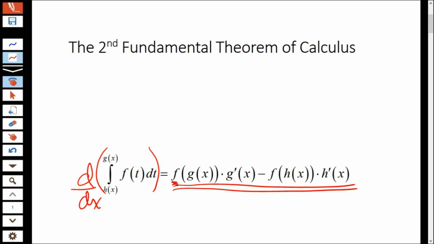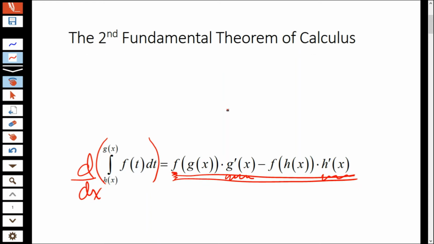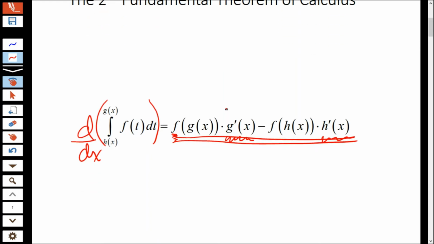This is not f prime or capital F. Integrating is the antiderivative, and then you take the derivative, and you get back to the same thing, right? Antiderivative and then derivative. So the only problem with this theorem is, where does this g prime and h prime come from? Why do we need to plug in and multiply by these bounds?